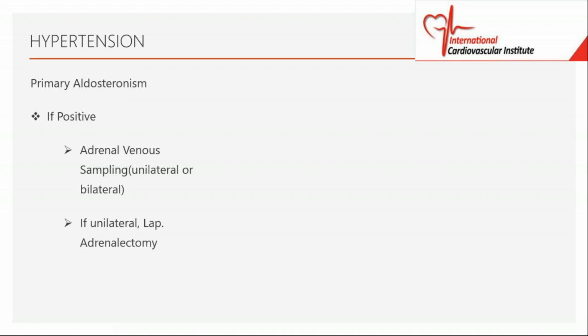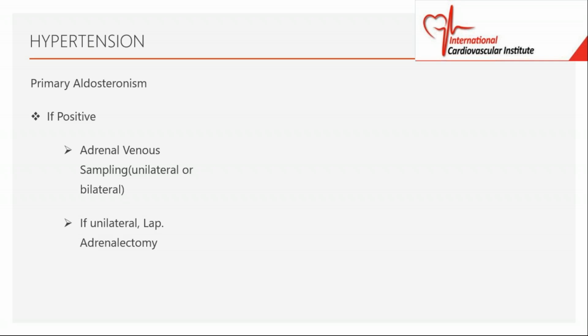So what you're going to do is sample the veins coming from the two adrenals. That way you can distinguish if it's unilateral production or bilateral production, and it's very important to make that distinction.